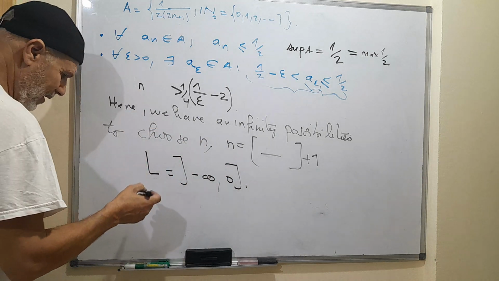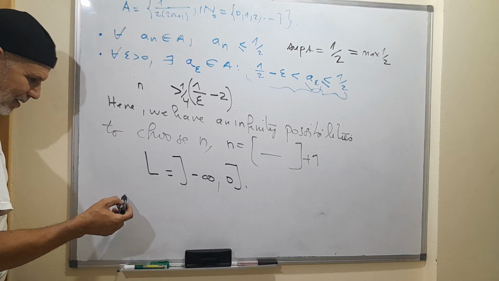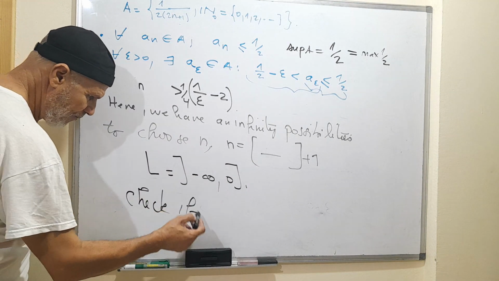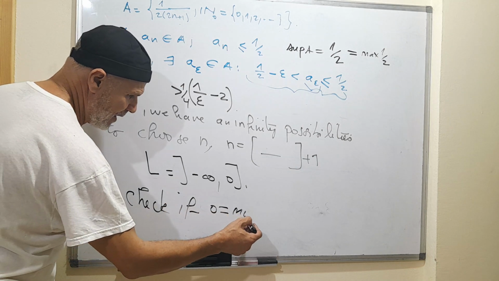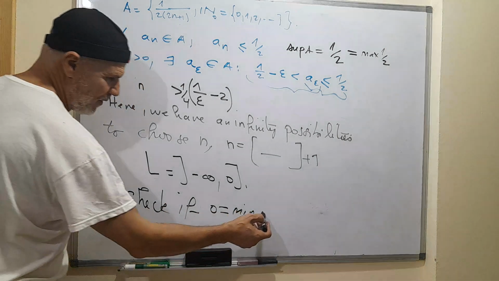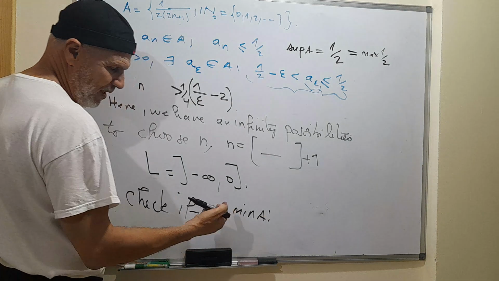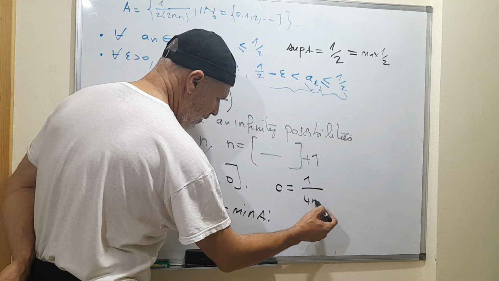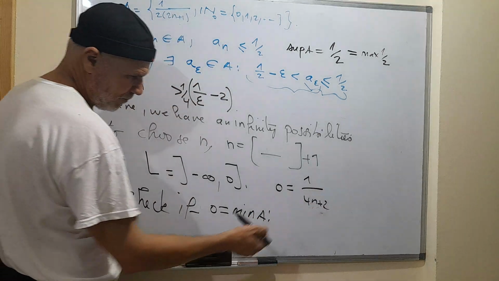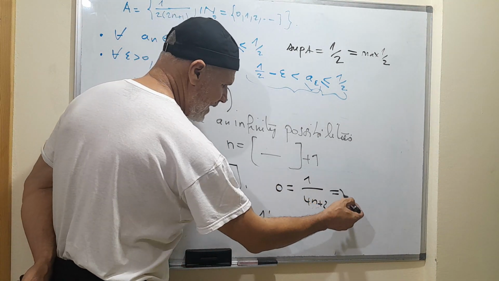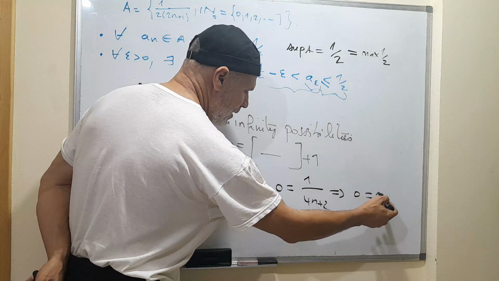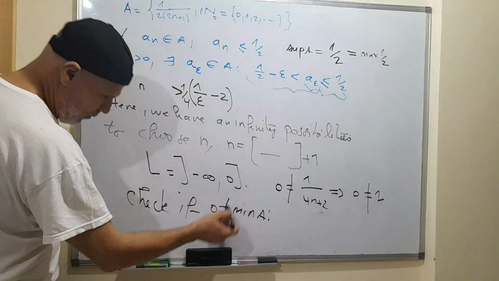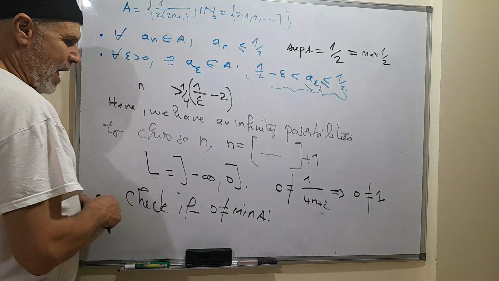We check if 0 is the minimum of A. To be a minimum, we need n such that 0 equals 1 over 4n plus 2. If we multiply, we get 0 equals 1. This is impossible, so 0 cannot be the minimum of A.